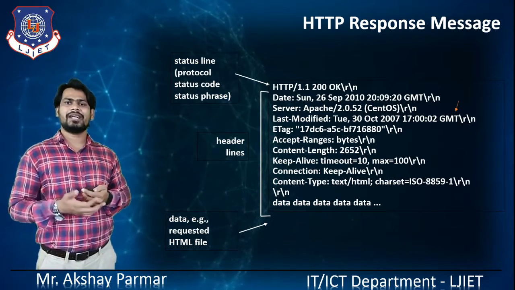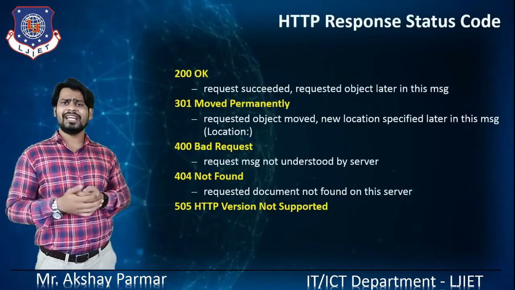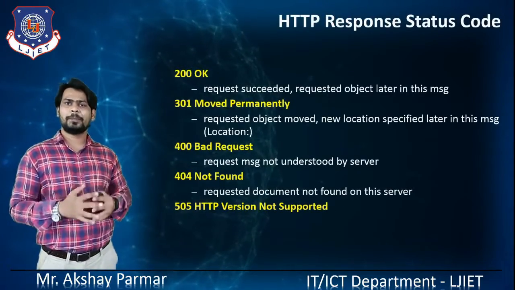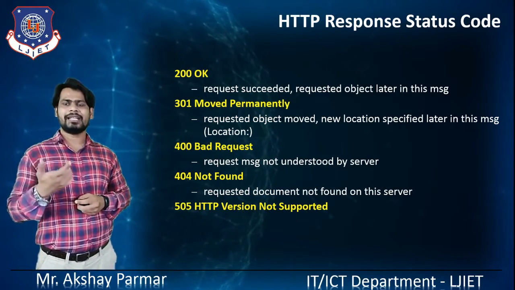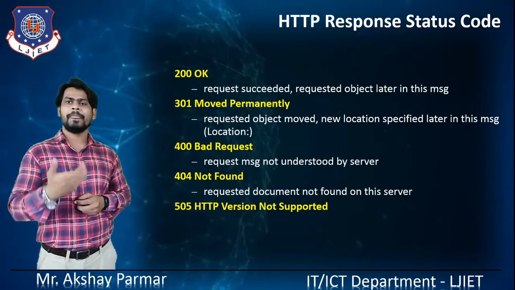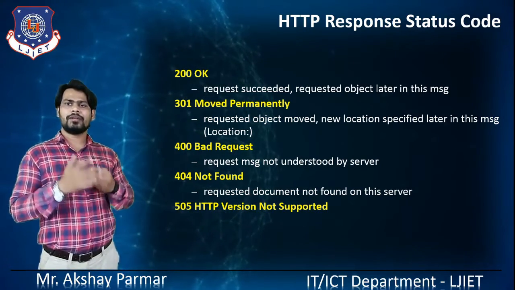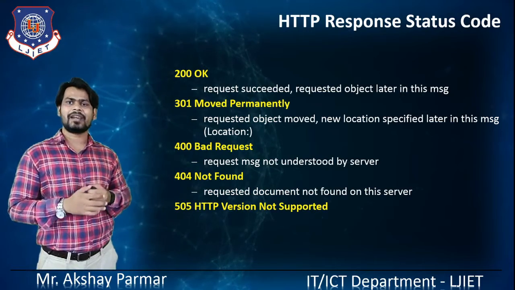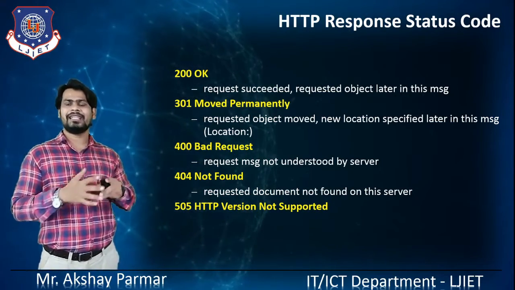So let's see which kind of status codes there are. In the HTTP response status code, we have seen HTTP 1.1 200 OK. The 200 OK indicates the request succeeded and the requested object is later in this message.